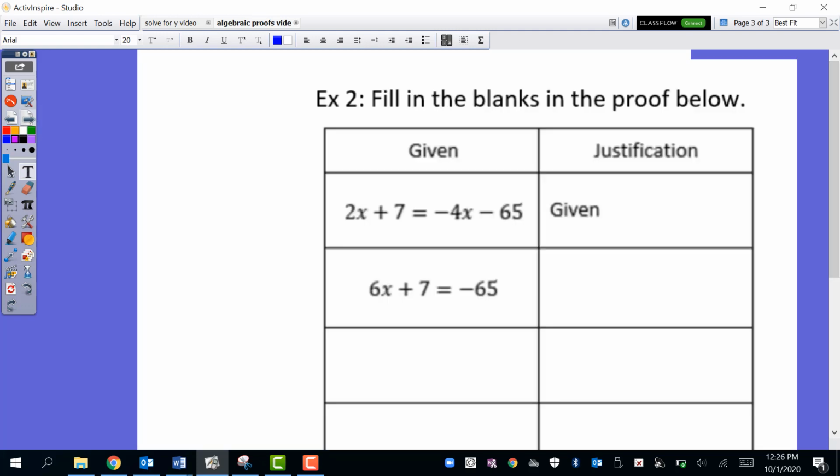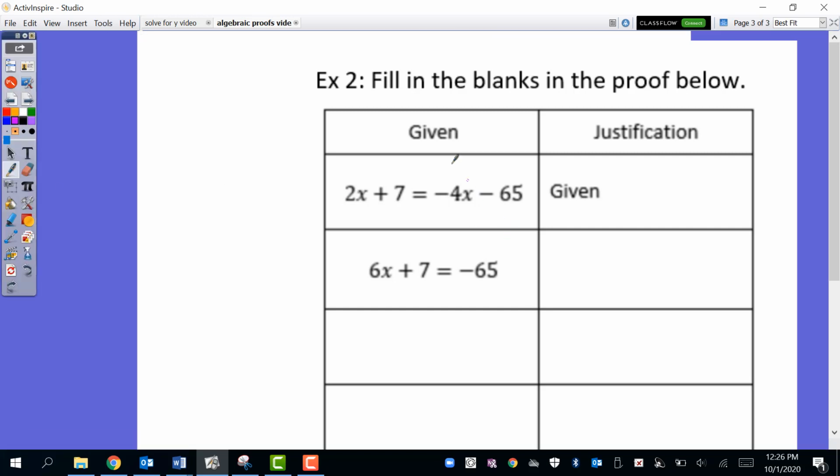The next one is actually doing a proof. When I say a proof, all that means is they're going to give you an equation, and then they want you to solve that equation, and they want you to list out every single step you did to solve that equation. So there's 2 columns.